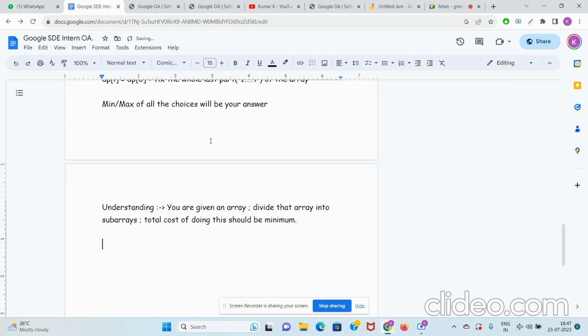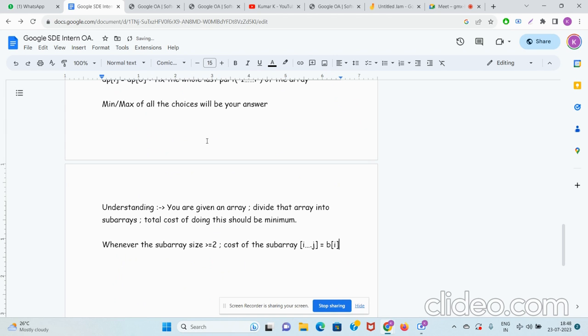Now we will learn what the cost of dividing is. So what they are saying is, whenever the subarray size is greater than or equal to 2, the cost of the subarray, say the subarray is from i to j, the cost of the subarray i to j will be equal to what?